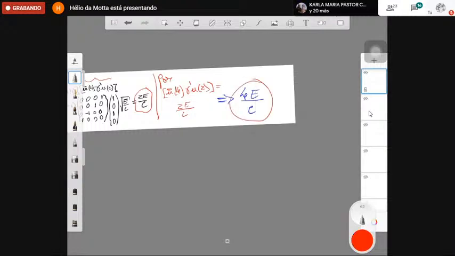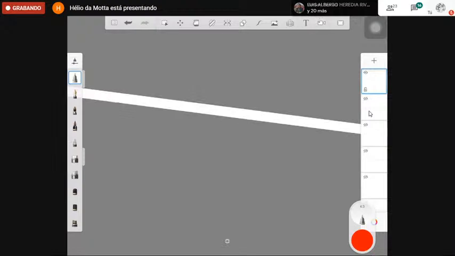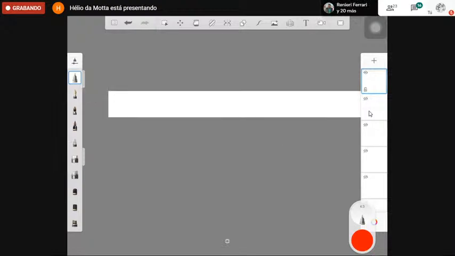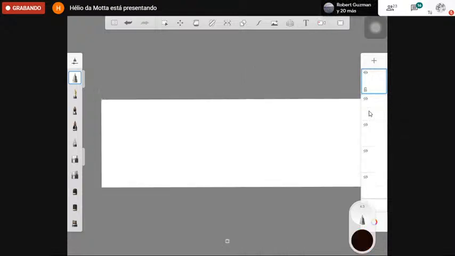Now we have to do it for gamma 2. If we do the same for gamma 2, it's the same expression. You're going to have E over C, and then 0, 1, 0, minus 1. This is always the same.